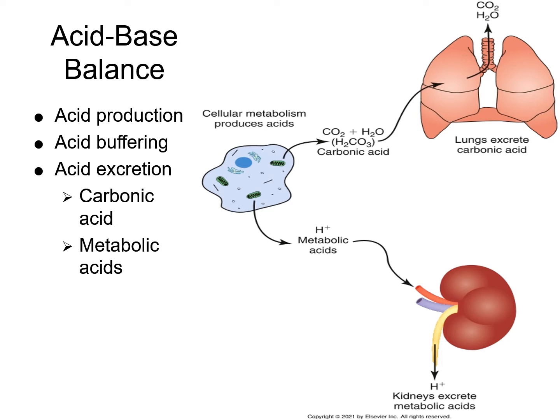A pH of 7.0 is considered neutral. The normal pH range of adult arterial blood is 7.35 to 7.45. Maintaining the pH within this range is vital for optimal cellular functioning.